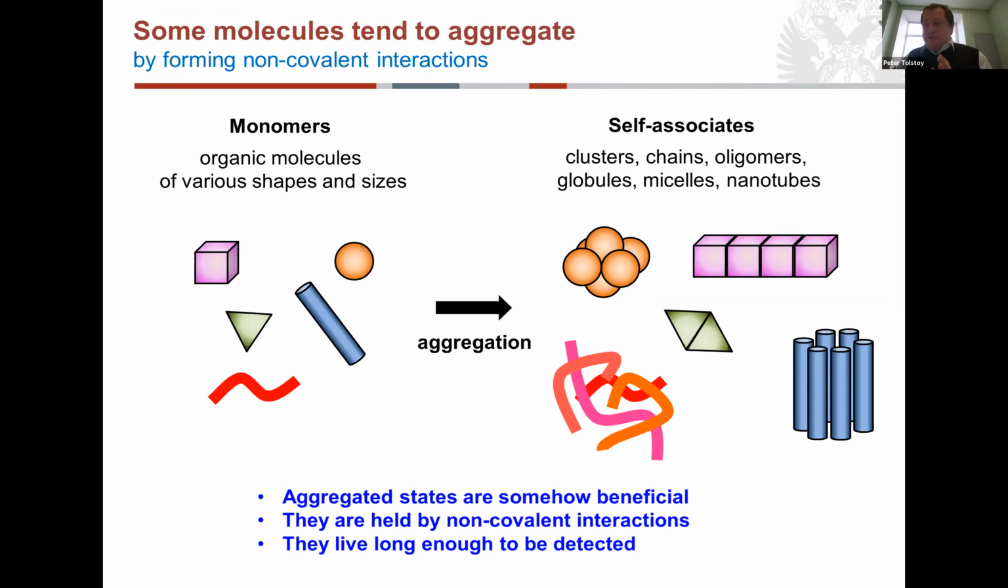What is clear from this fact alone is that aggregated states are somehow beneficial. They're usually held by some sort of non-covalent interactions, because if it were a clearly covalent interaction, we would not call it an association, we would rather call it a molecule. Also, it's clear that these aggregates live long enough to be detected. Otherwise, we would not talk about them.